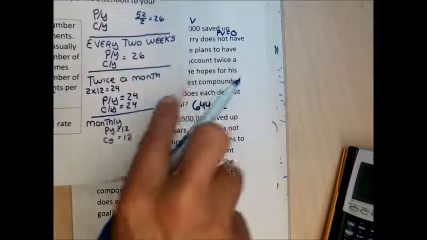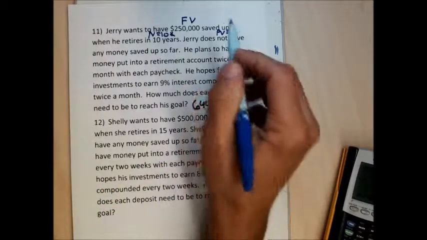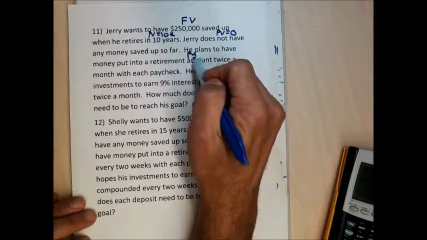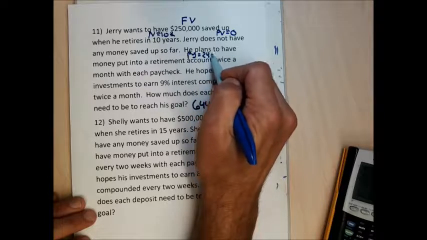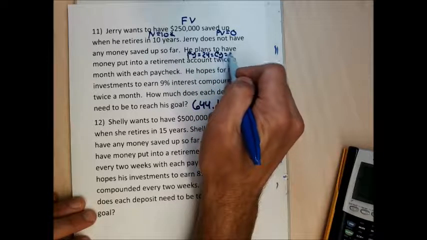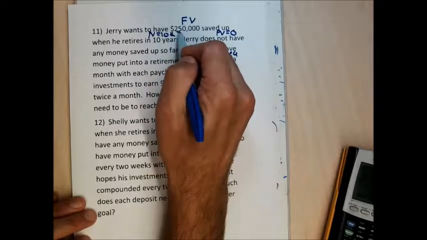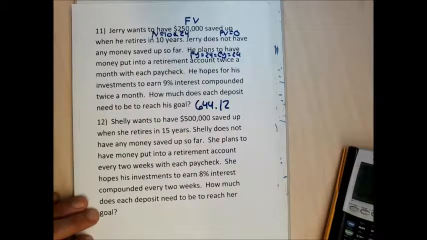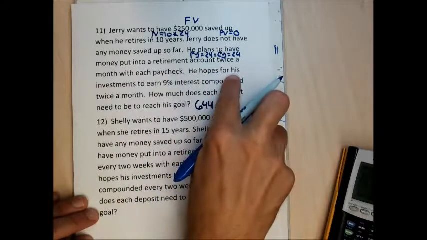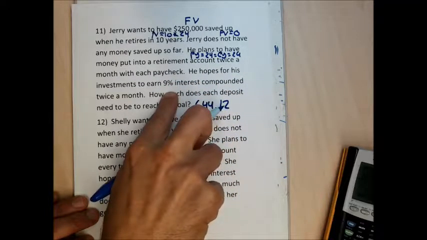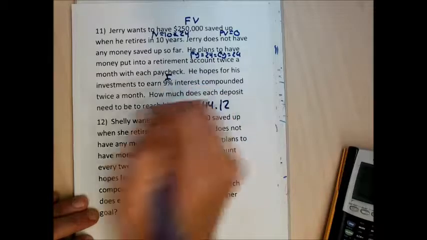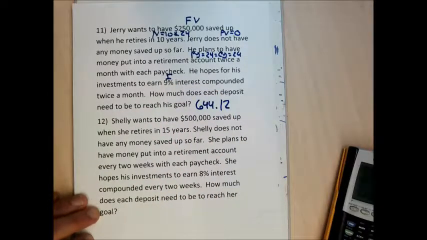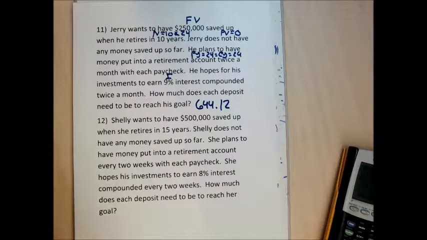For twice a month, the PY and the CY are 24. That tells me for the N, you have to multiply 10 times 24 and get 240. He hopes to have an interest rate of 9%, which is the I, and then you're going to solve for the payment. So it's exactly the same as what we've been doing.